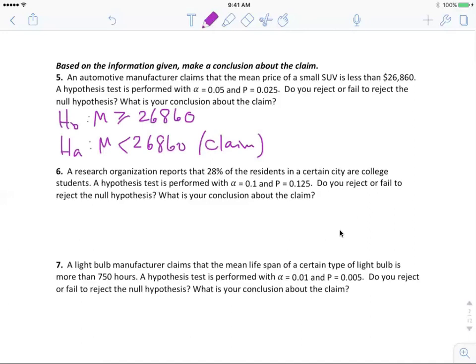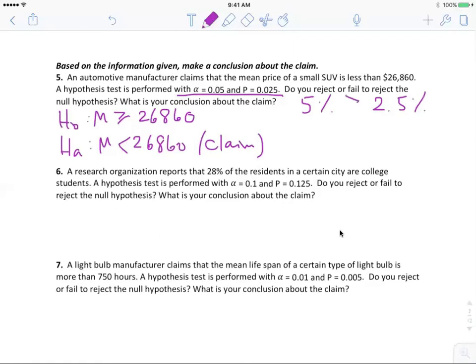Now, we're going to continue. What if we have this scenario? Alpha is 0.05 and P is 0.025. What are we going to do? So when you run these tests to decide your final conclusion, compare those two. Here, I have alpha is 5% and P is 2.5%. Sometimes it's better to convert those to percents, comparing 5% to 2.5%.